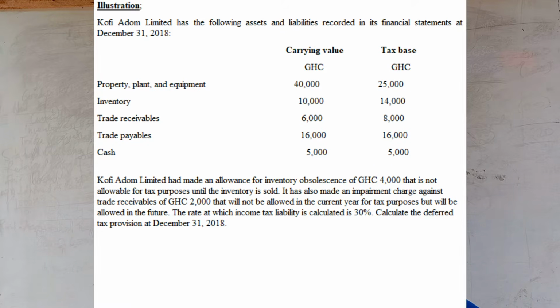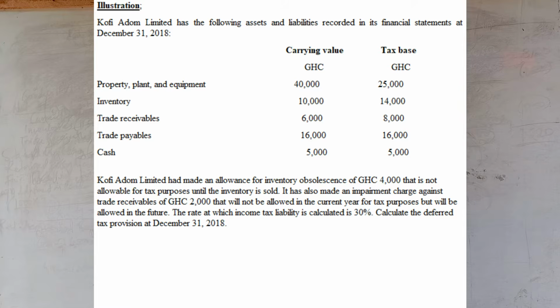Then inventory is 10,000 at carrying value, tax base is 14,000. Then trade receivables is 6,000, tax base is 8,000. Trade payables 16,000, tax base is 16,000. So there is no temporary difference on that one. And then cash, of course, there cannot be temporary difference on cash, 5,000 each.